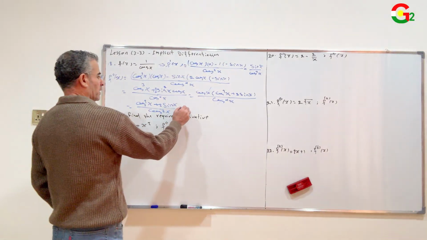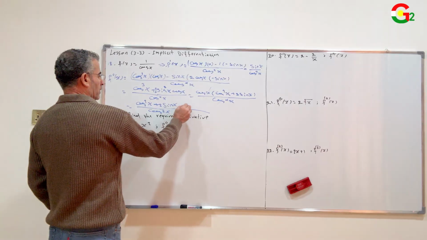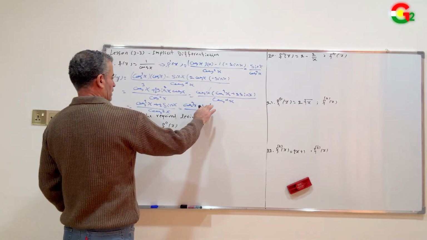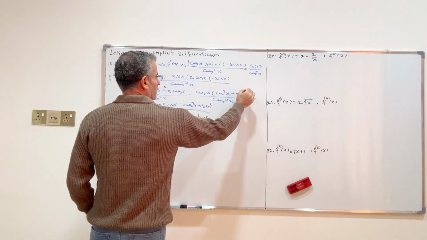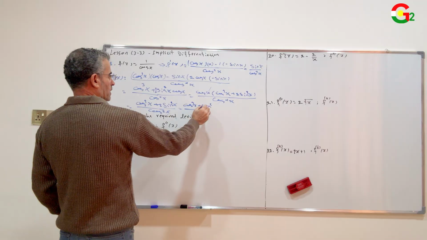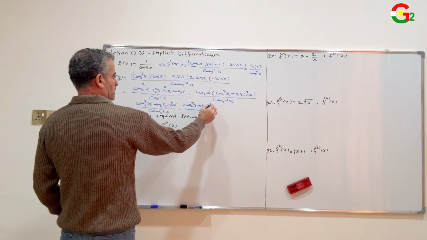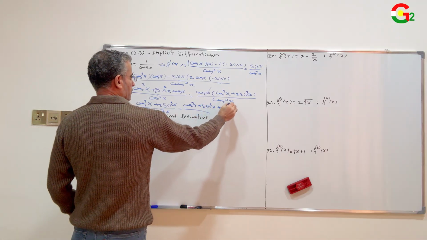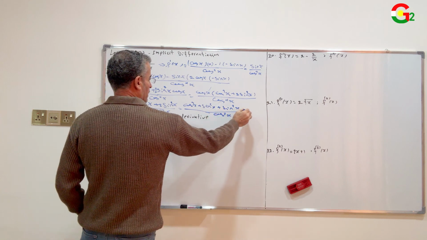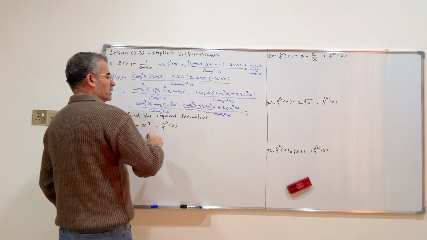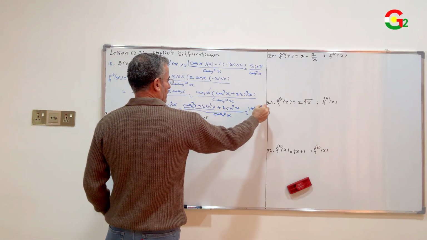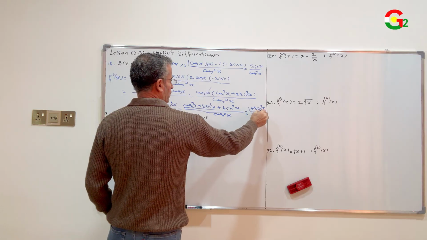Also, we can write it as cosine square x plus sine square x plus sine square x over cosine cube x. Cosine square x plus sine square x is 1, so it equals 1 plus sine square x over cosine cube x.